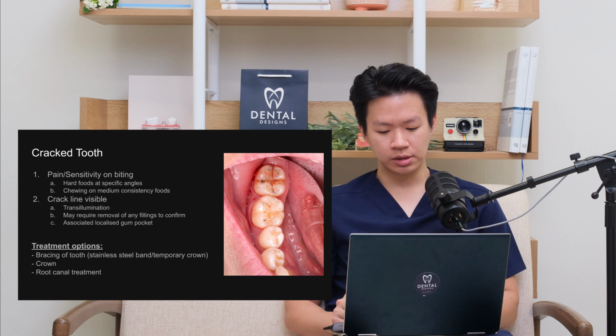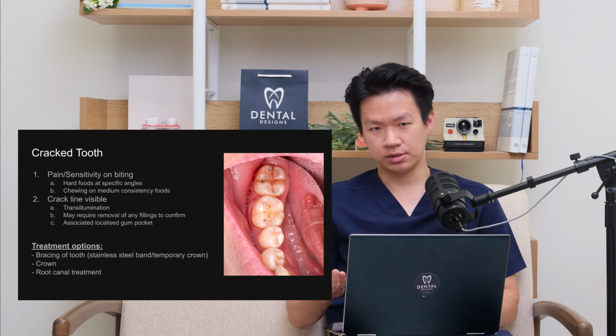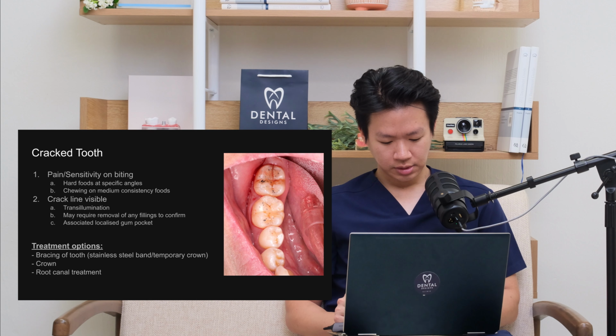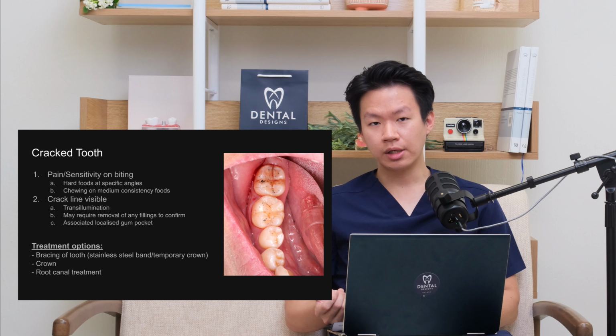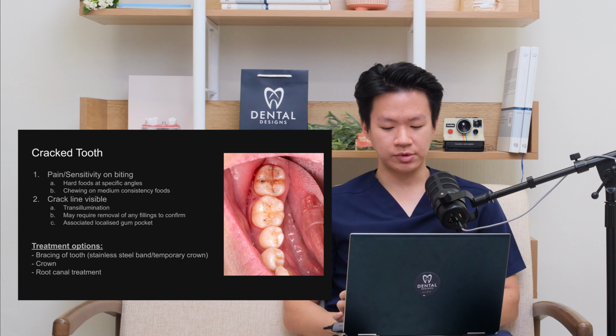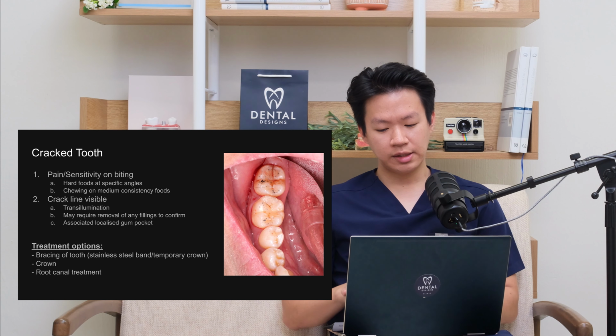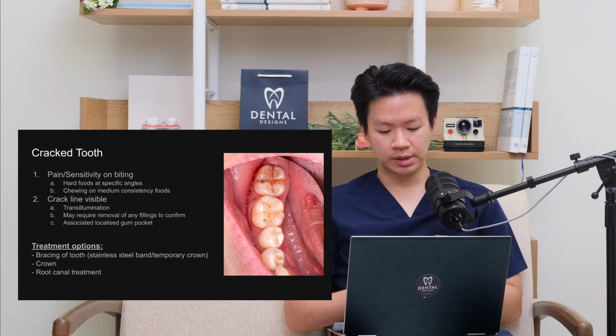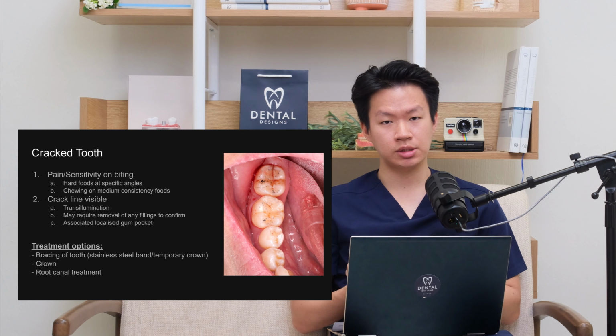It may require a procedure where we shine a light, essentially transillumination, to see if we can detect a crack line on the tooth. And sometimes if there's a crack and if it's deep enough, it can result in a localized deeper gum pocket where the crack is. So that can also give us an indication of whether there is a crack and oftentimes how deep the crack may be.